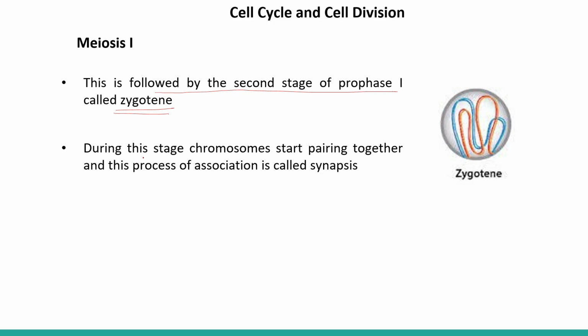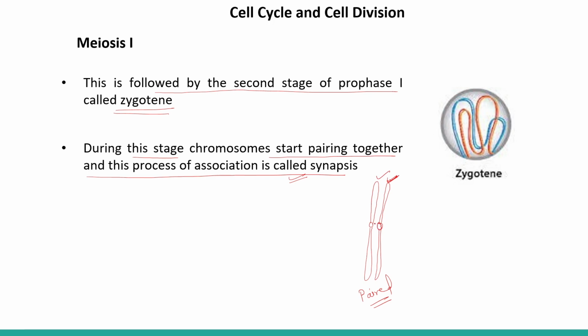It is followed by the second stage of prophase 1, called the zygotene. So what happens in the zygotene? During this stage, the chromosomes start pairing, and this process is called association, and the synapsis can be seen later on. The chromosomes come and pair. This is a chromosome in the paired form, because in the replication process, every chromosome has made a copy of itself at the S phase.